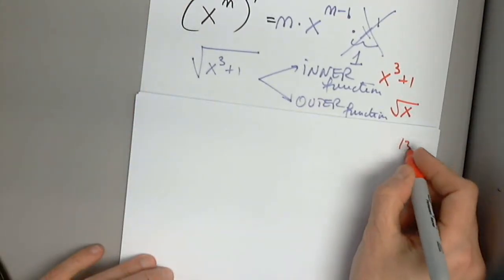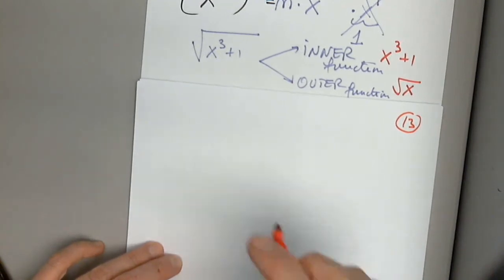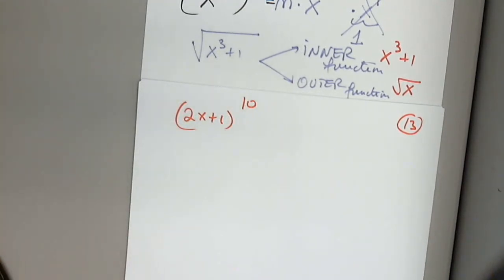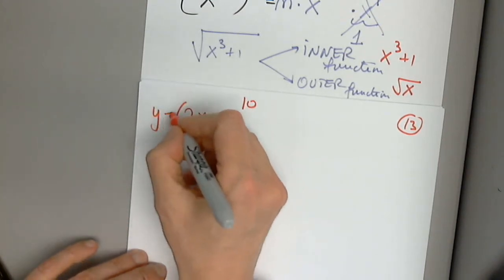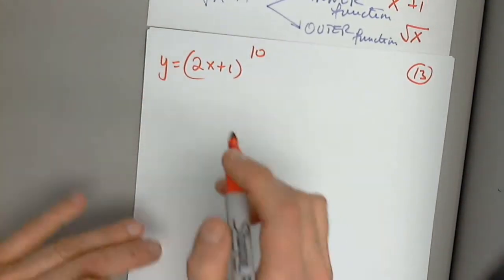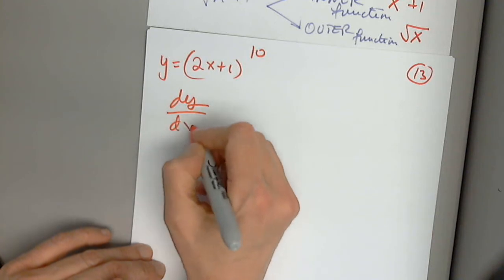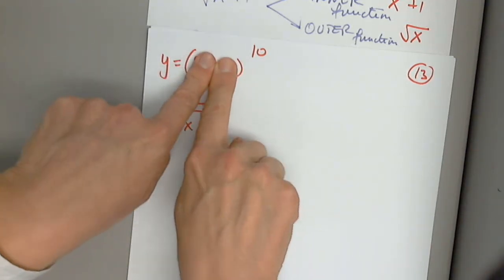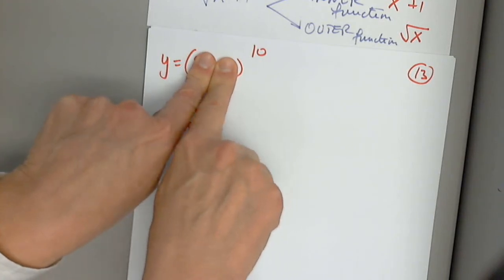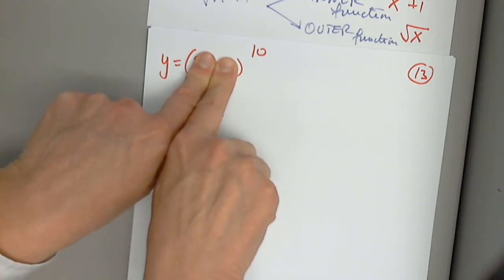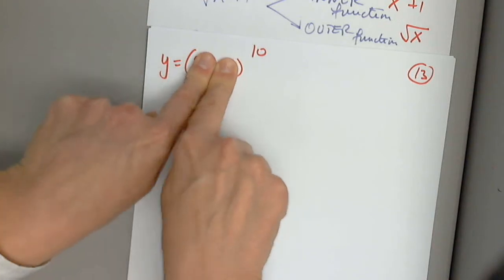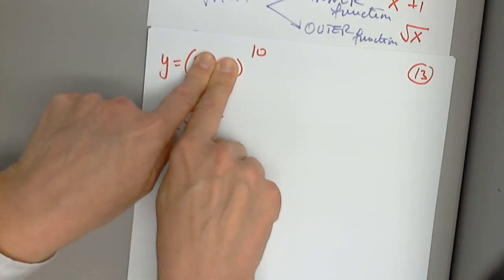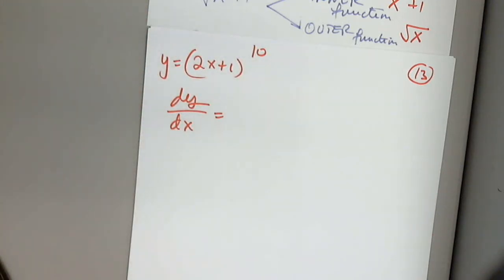I want to start with something even easier. If I have 2x plus 1 to the 10th power, and this is my y, and I want to determine dy over dx. So I'm covering it. Imagine that it's just x to the 10th power. What would you write? Of course 10. Of course this quantity to which power? 9. But surprise, I don't have x.